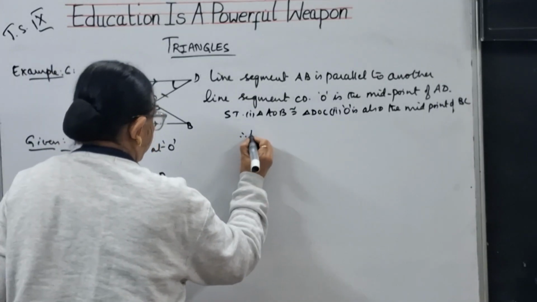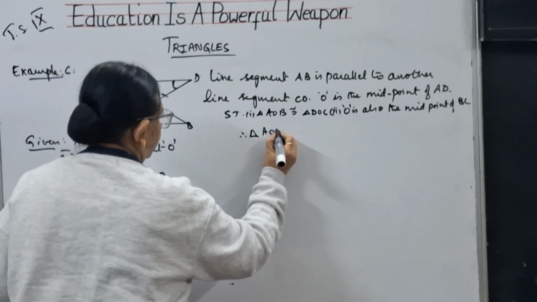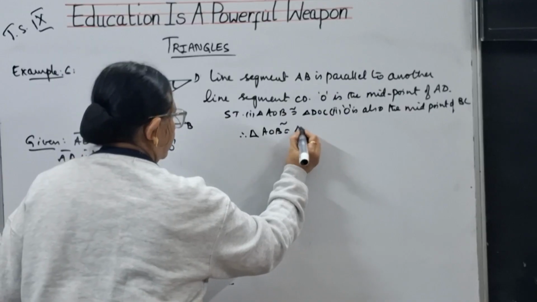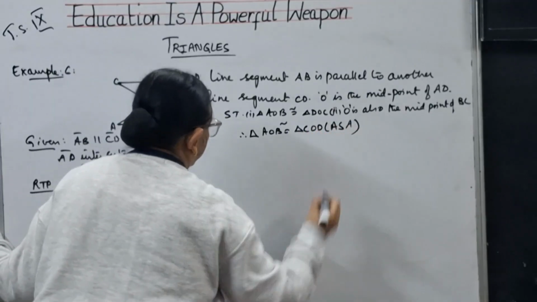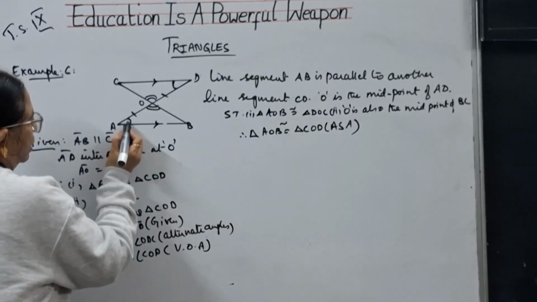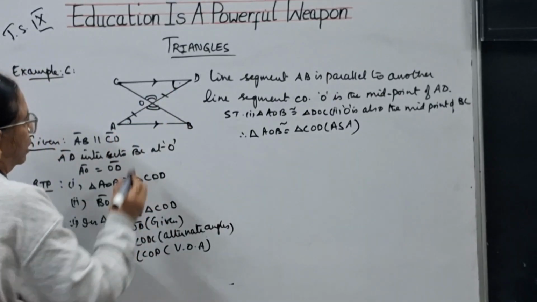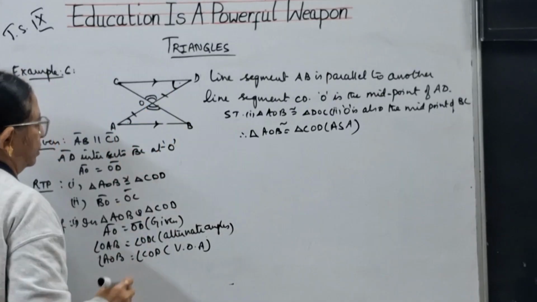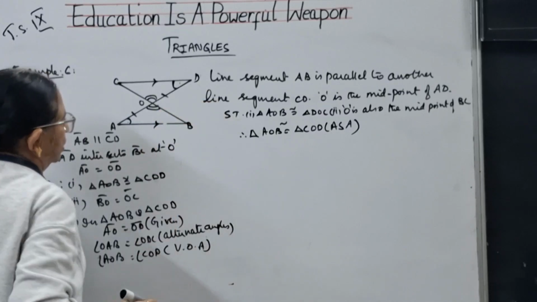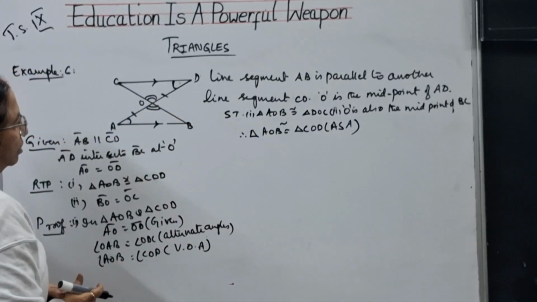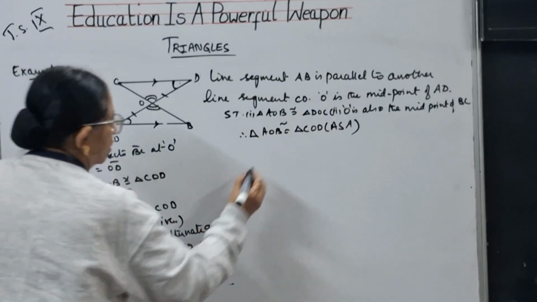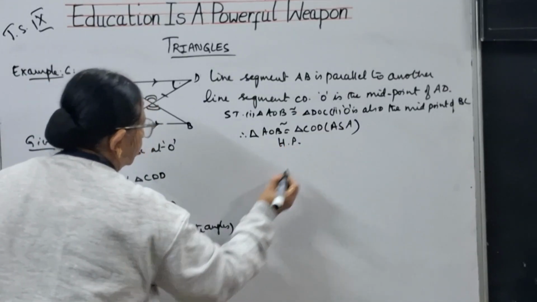Therefore, triangle AOB is congruent to triangle COD based on angle side angle property, because angle A is equal to angle D and these two are vertically opposite angles and these two sides are equal. Hence proved. So the first bit we have proved.